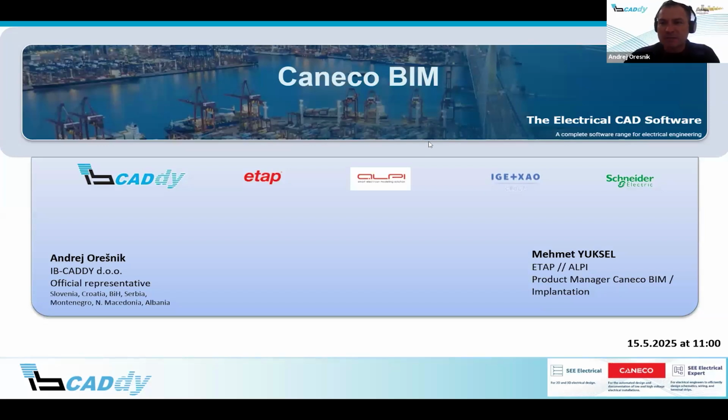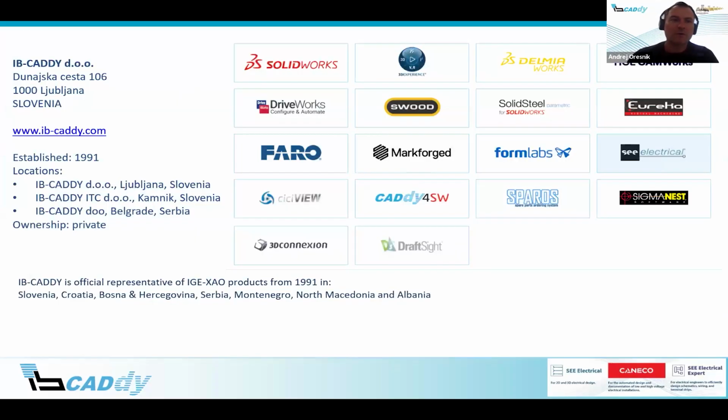In the beginning, I will just make a short presentation of our company and our solution, what we can offer on the market. So IB-CADDY company is located in Ljubljana, where we have headquarters. We also have two locations, one in Kamnik and the second one in Belgrade in Serbia.